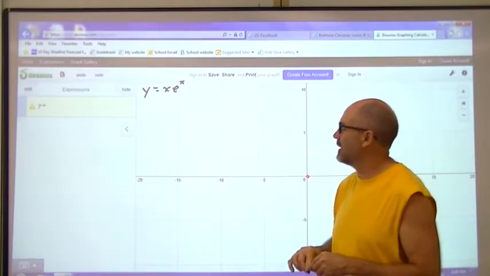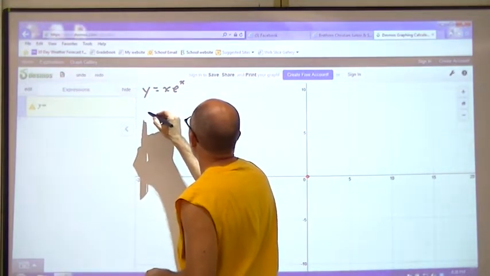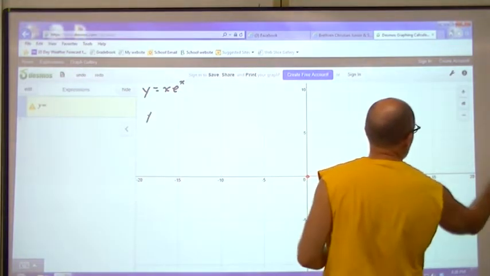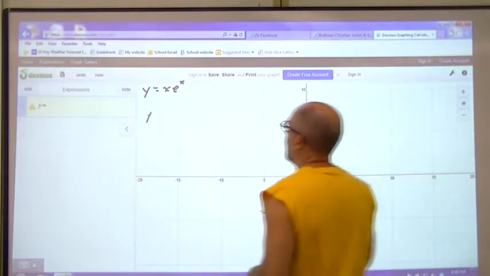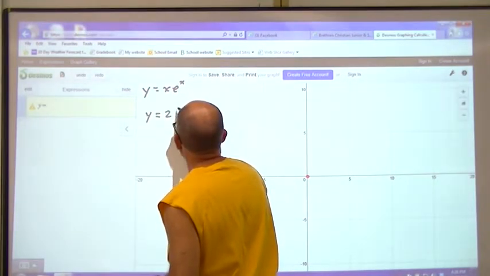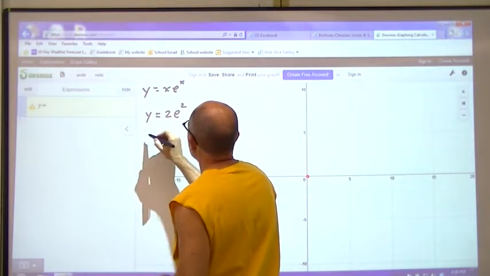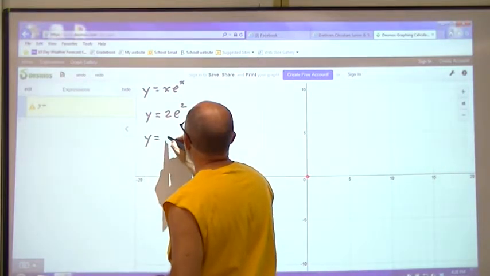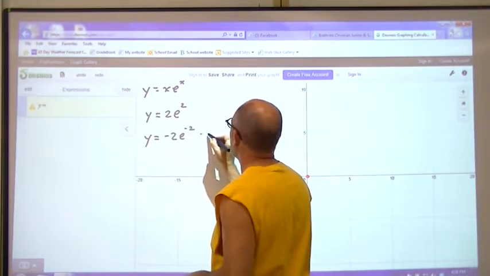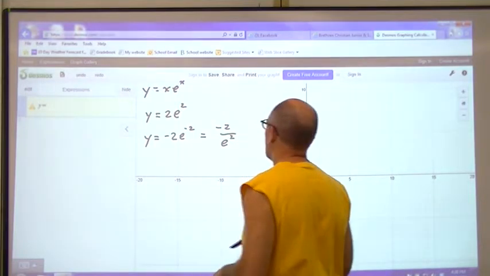In other words, let's check this out. If I put in a 2, y equals 2 times e to the 2. Now if I put in a negative 2, I get y equals negative 2e to the negative 2. Well, notice this equals negative 2 over e to the 2.